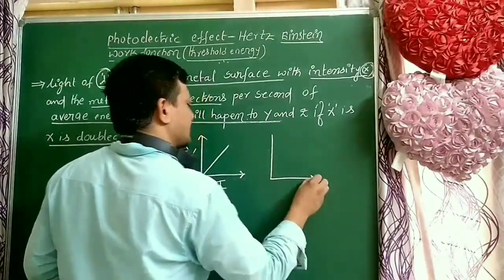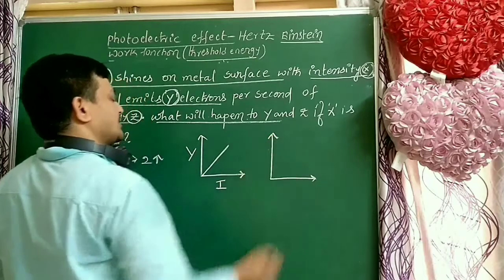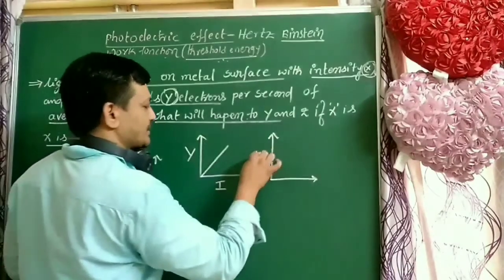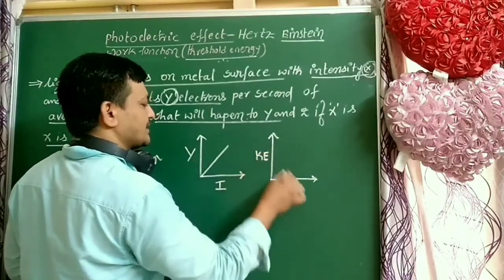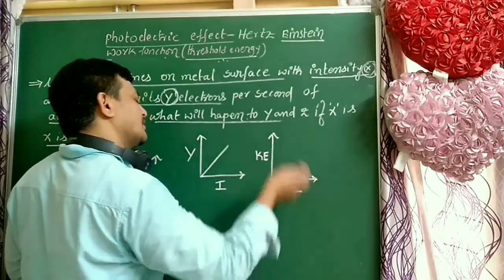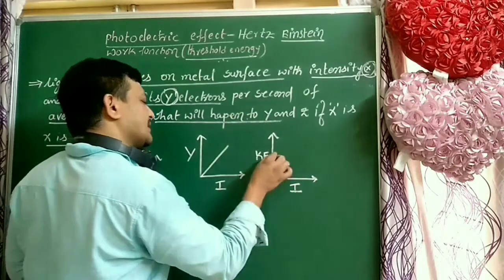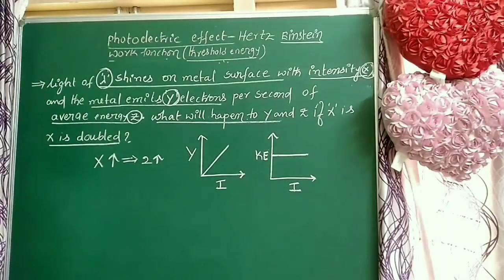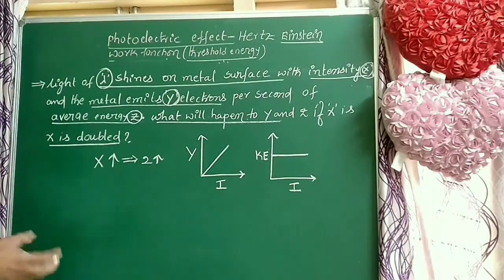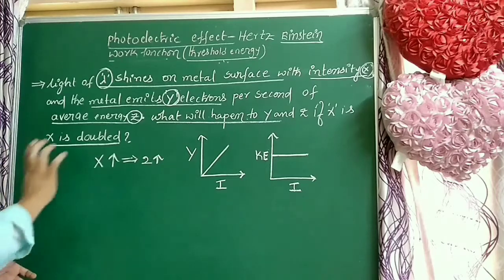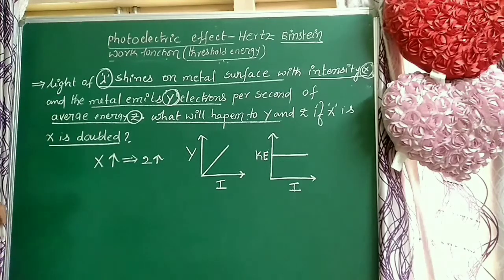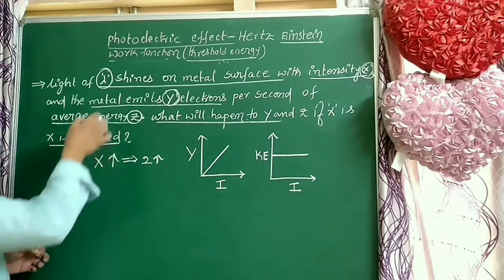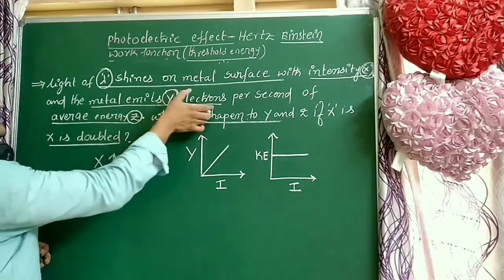But the kinetic energy, the average energy, does not depend on intensity. Intensity double or triple or decreases or increases, kinetic energy is constant. So what is the conclusion? Y is doubled, z remains constant.